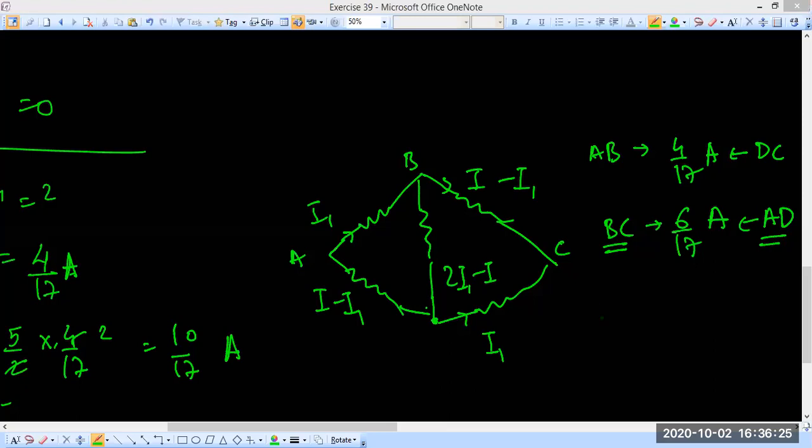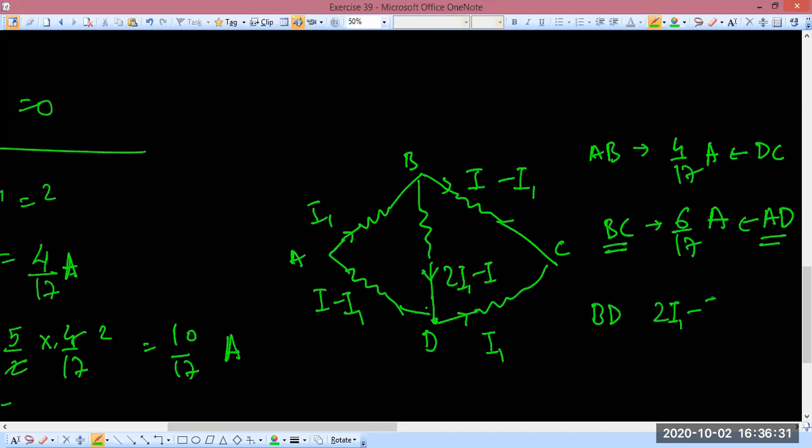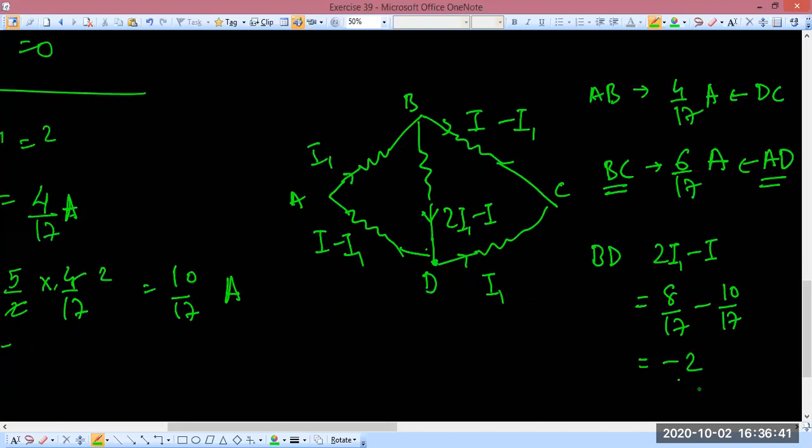Now BD, BD is 2I1 minus I, so 2I1 means 8 by 17 minus I, 10 by 17, so that is minus 2 by 17 ampere.